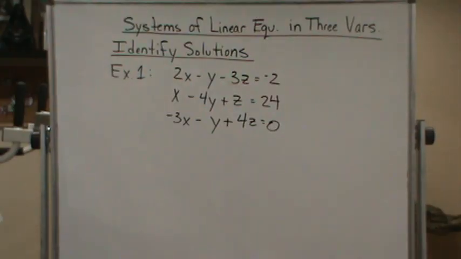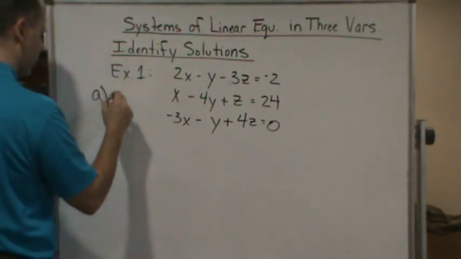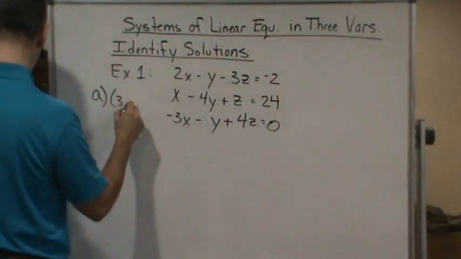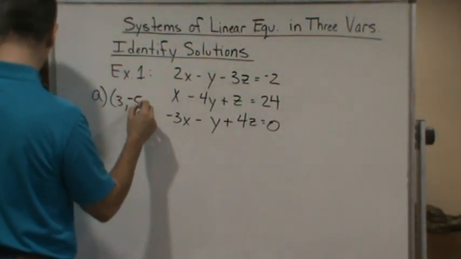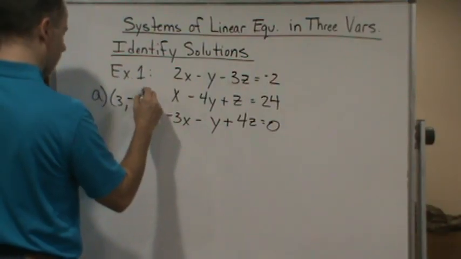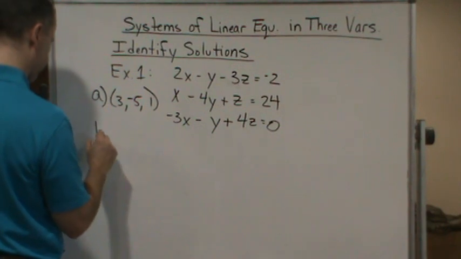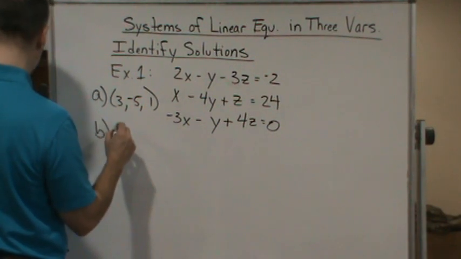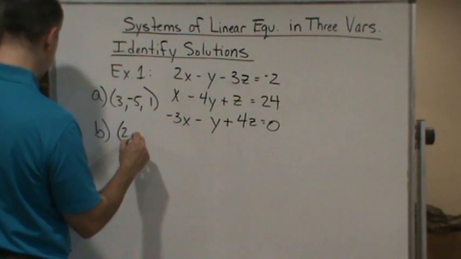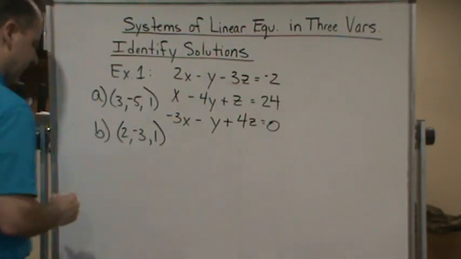Okay, and now we're given these ordered triples to test, just like we did at the beginning when we were talking about systems of two equations and two variables. The same rule applies here as it did there.